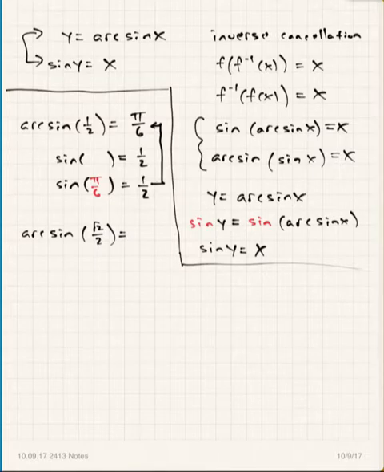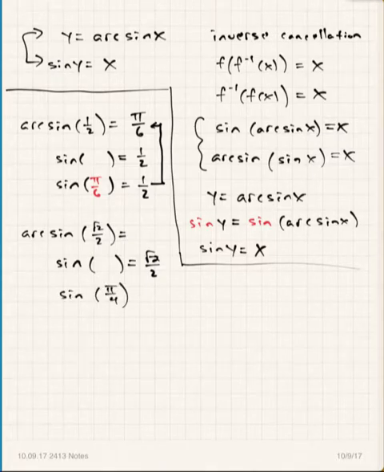So if you find the arc sine of the square root of 2/2, then you write sine of what is equal to the square root of 2/2, and remember you're talking about the restricted sine function here. You know that the sine of pi/4 is the square root of 2/2. And so going back to the original statement, that would give us that arc sine of square root of 2/2 is equal to pi/4.